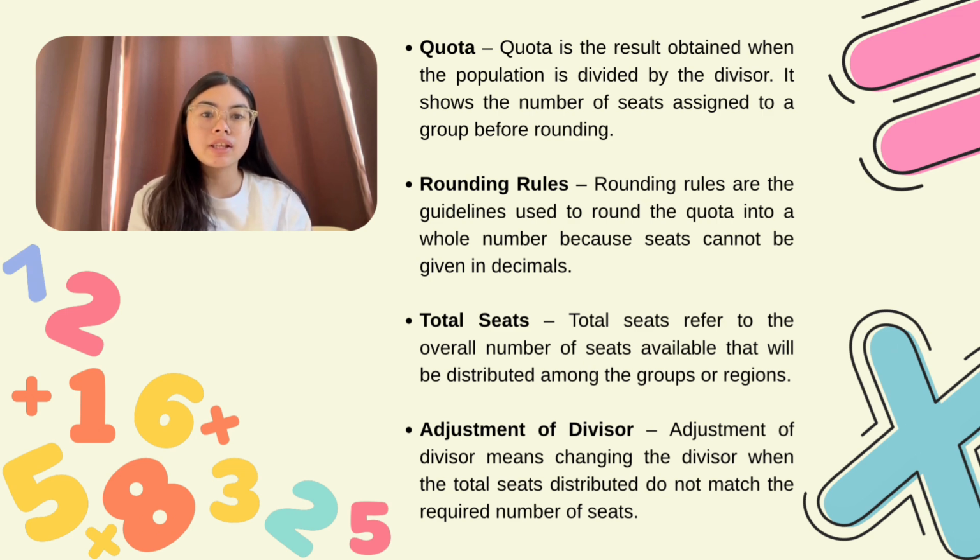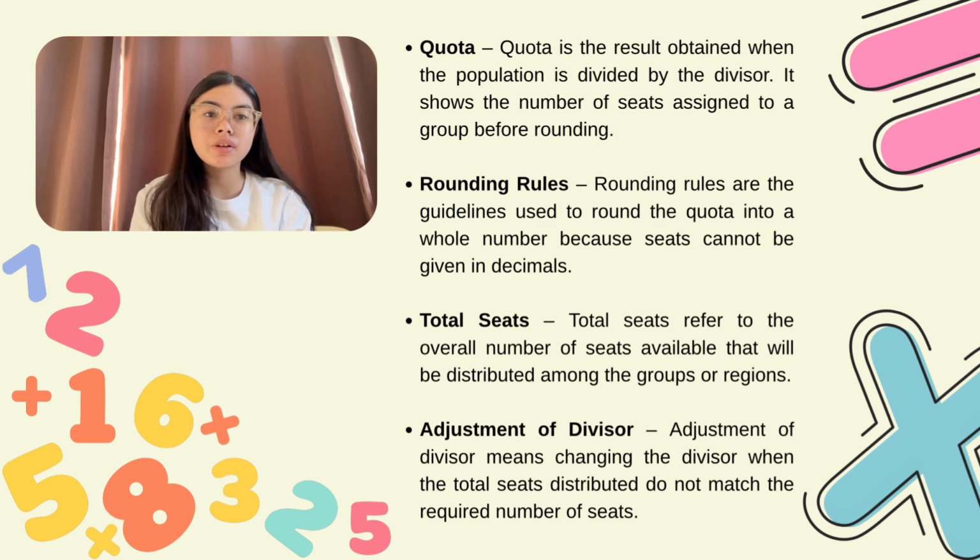Next is total seats. Total seats refer to the overall number of seats available that will be distributed among the groups or regions. This means the total number of seats that will be shared among all groups. And lastly, adjustment of divisor.